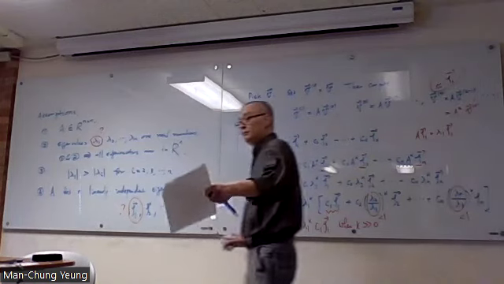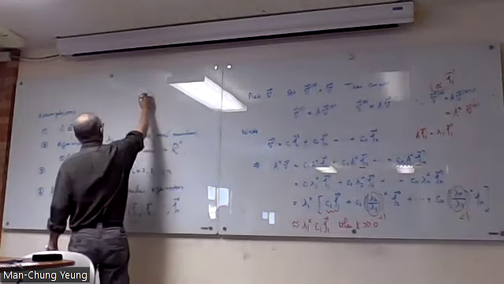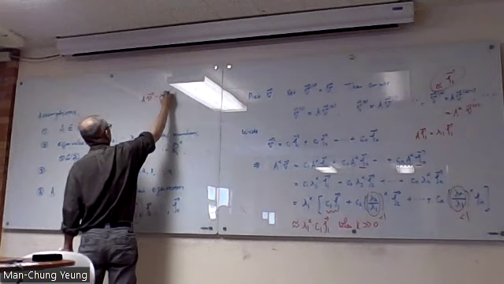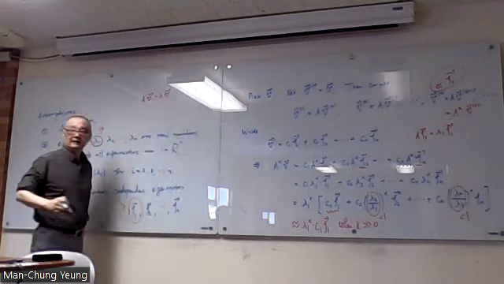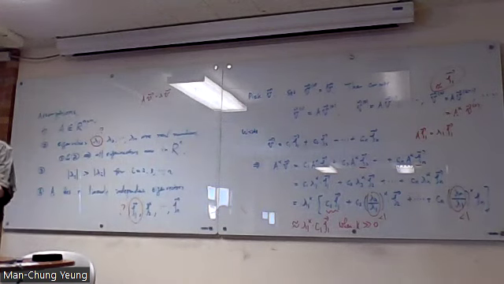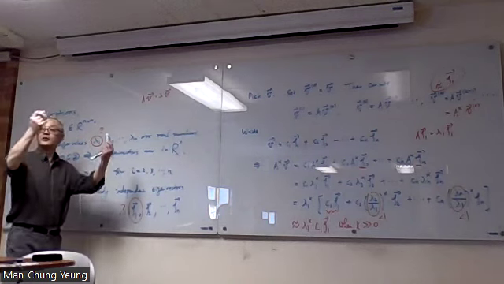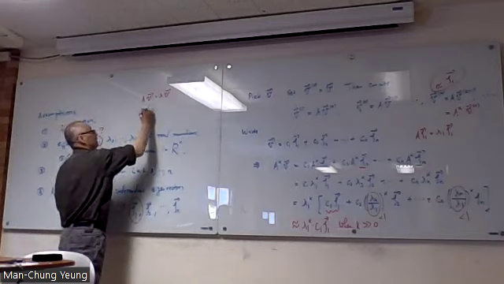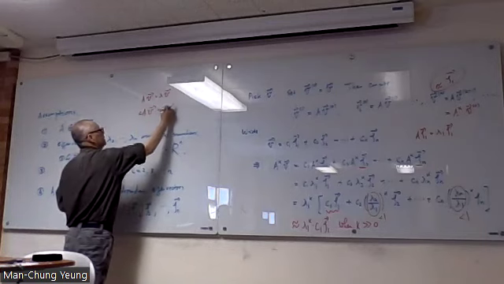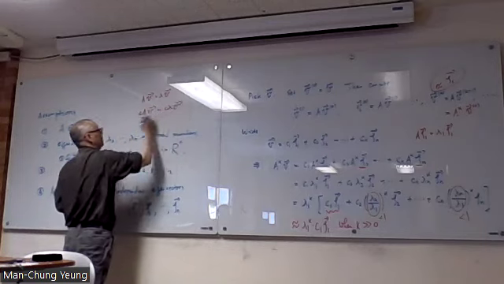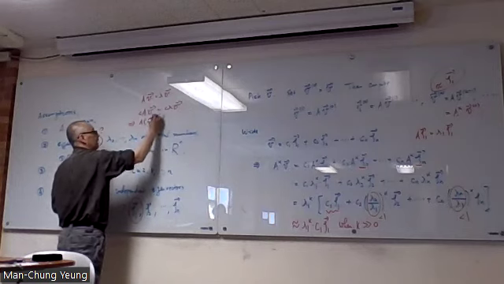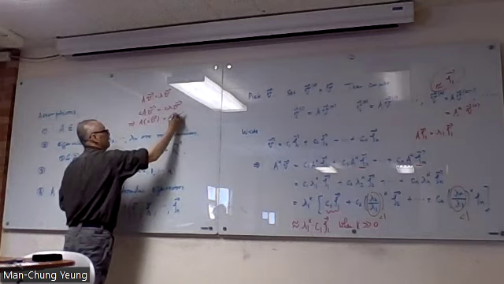Suppose V is an eigenvector. Any number times V is still an eigenvector. How? Multiply by an arbitrary number c: A times cV is lambda times cV.